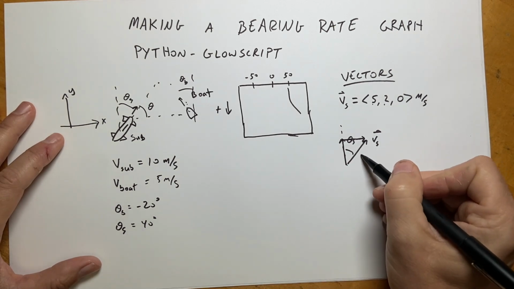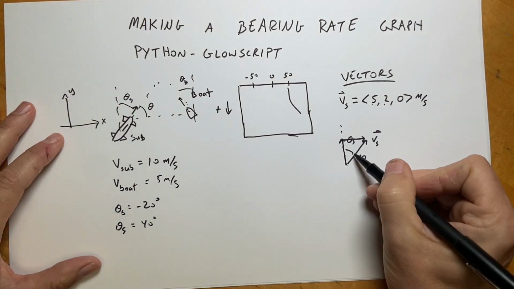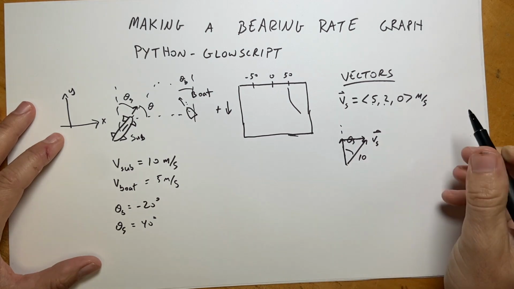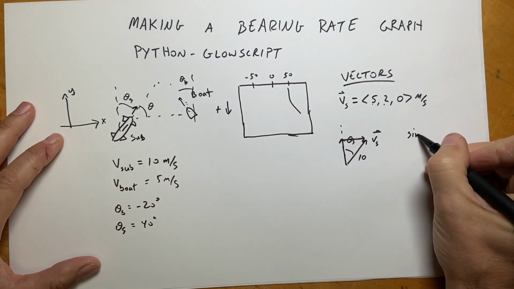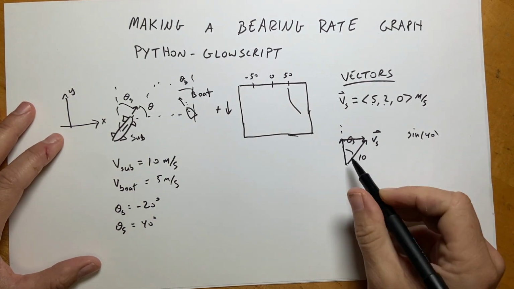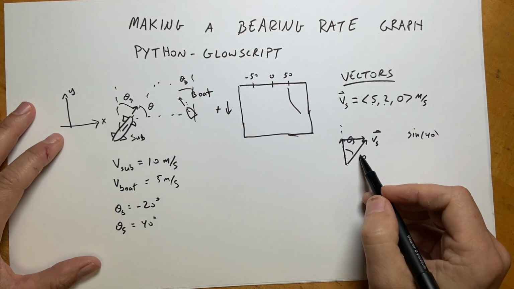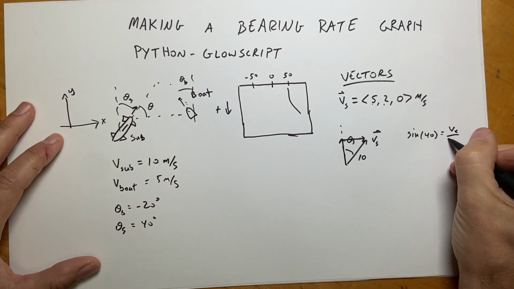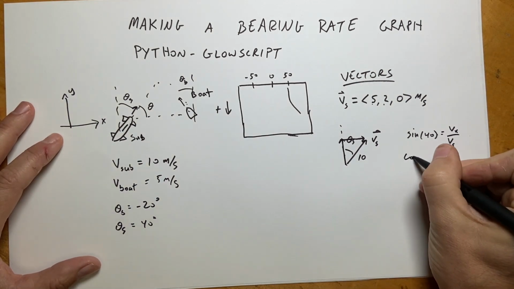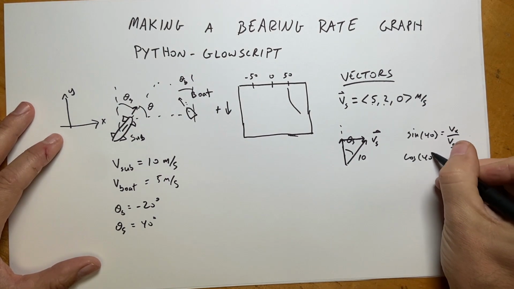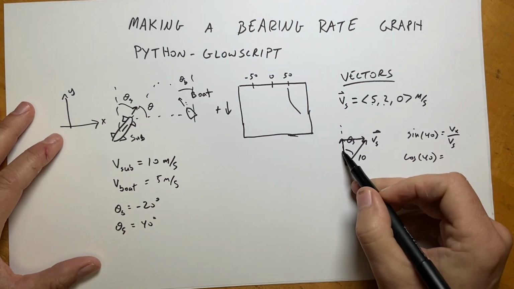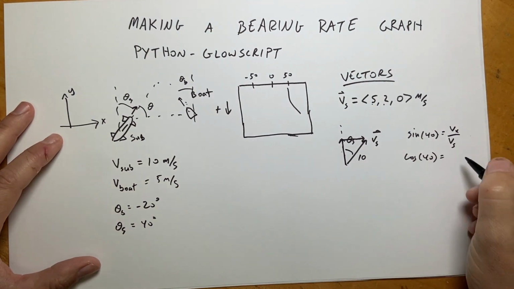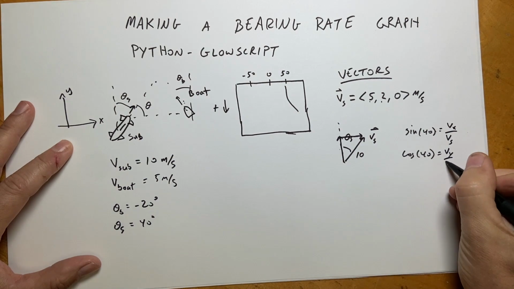So if the magnitude of this is 10 and that angle is 40, then if I take the sine of 40, sine is opposite over hypotenuse, that's going to be equal to Vx over V sub. The cosine of the angle 40 is going to be the adjacent, which in this case is the y direction, Vy over V sub.